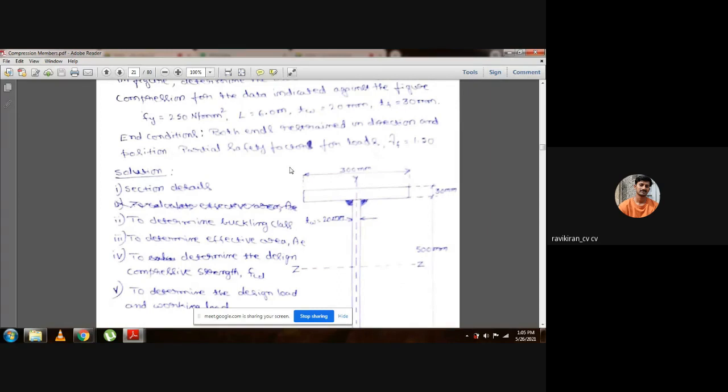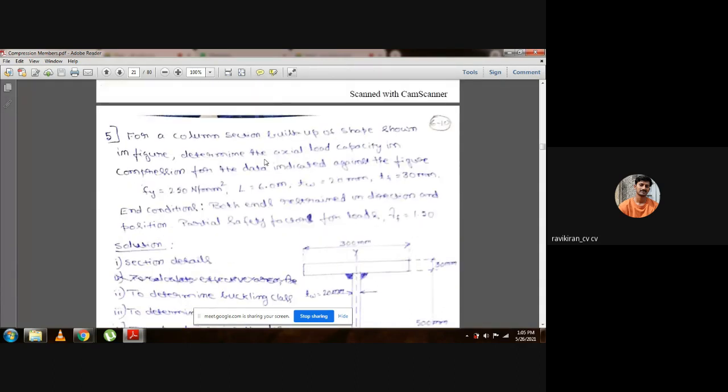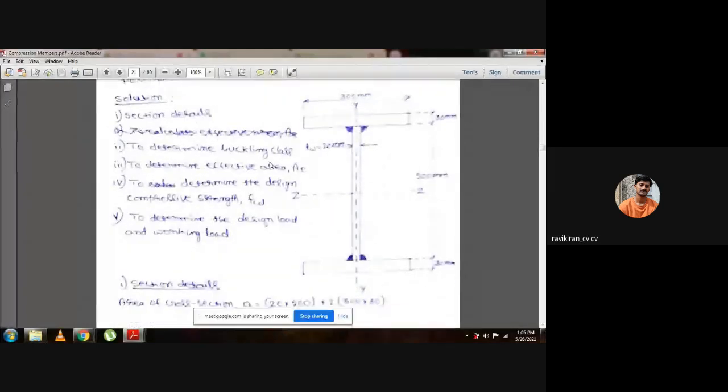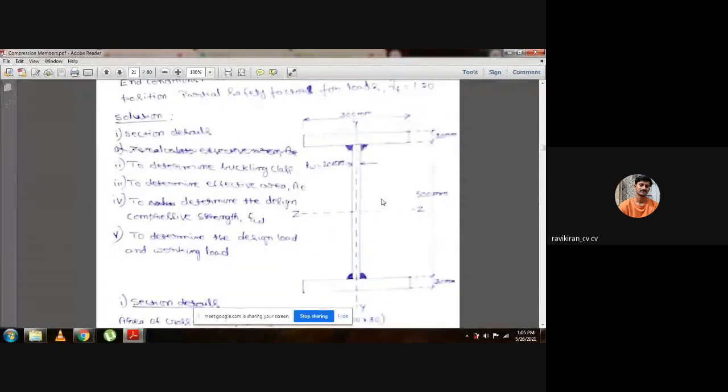Partial safety factor for loads, gamma, is given as 1.5. With this information, we need to calculate the axial load carrying capacity of the column section. Okay, so let us follow. This is the section provided, an I section. Here it is welded.